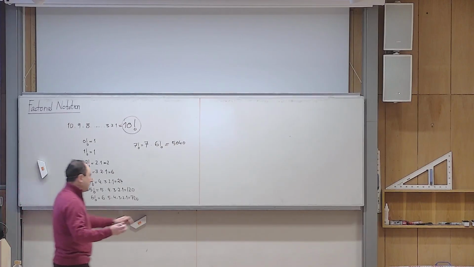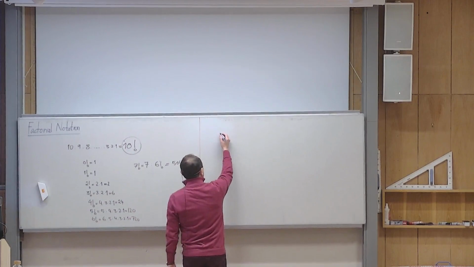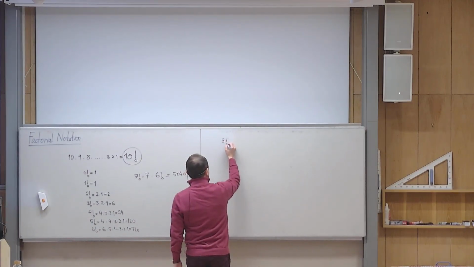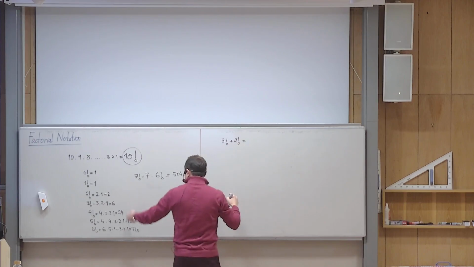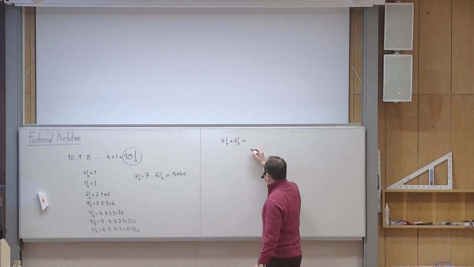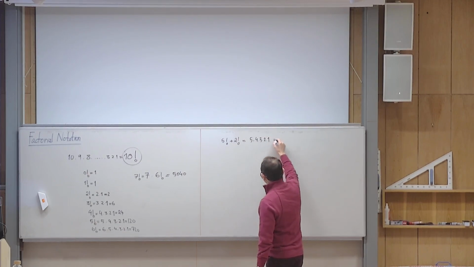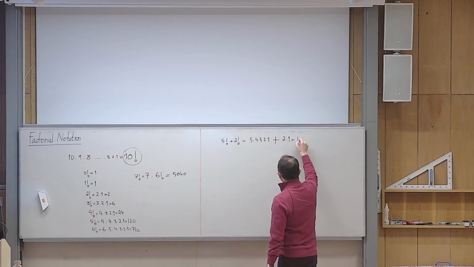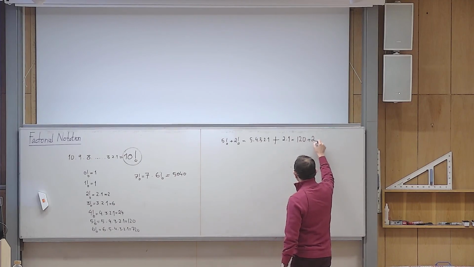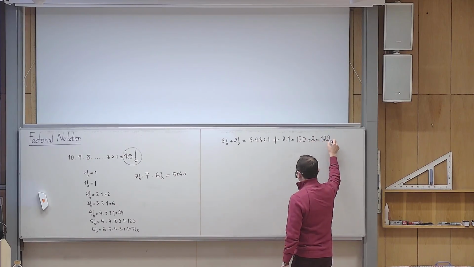So if I ask you what is 5 factorial plus 2 factorial, the answer is what? 5 factorial is on the board, you have to calculate that. If you want, you can write 5 times 4 times 3 times 2 times 1. Whatever it is, you add it. 2 factorial is 2 times 1. So this becomes 120 plus 2, which is 122.